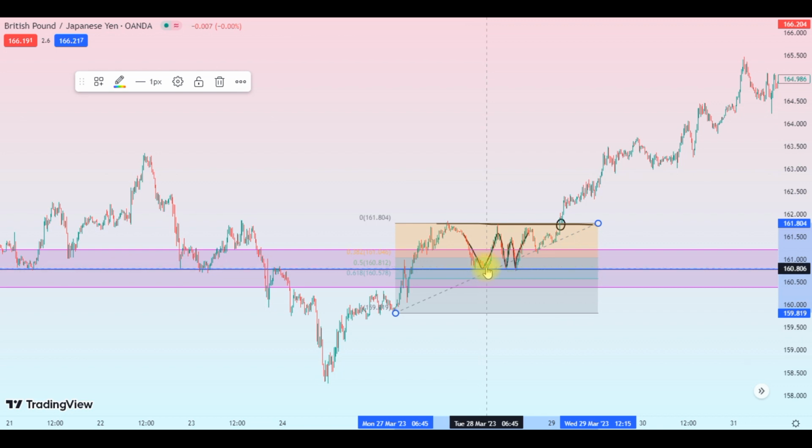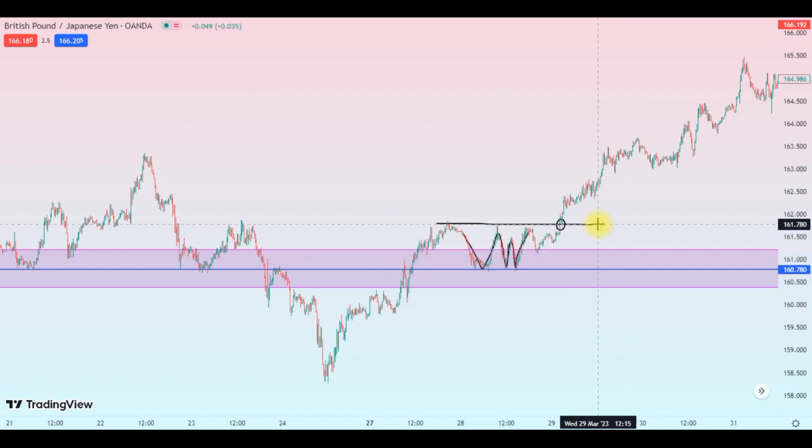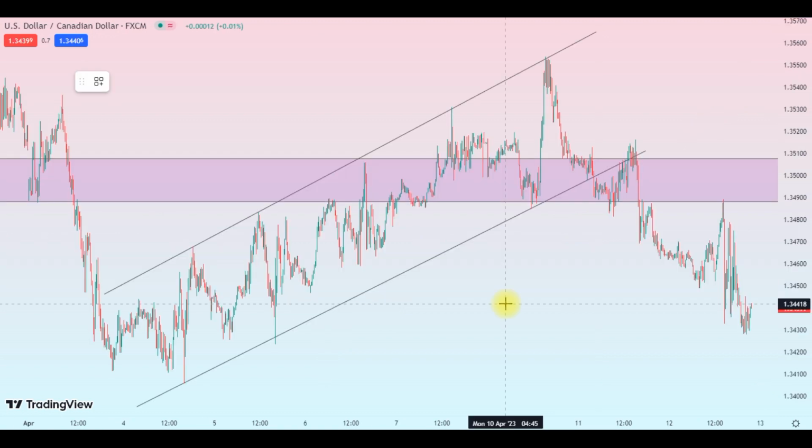So the pullback ended around 50%, which is also confirming that there's a high possibility that the market changes direction and continues the trend now. Always find confirmation for your analysis. Never trade blind.